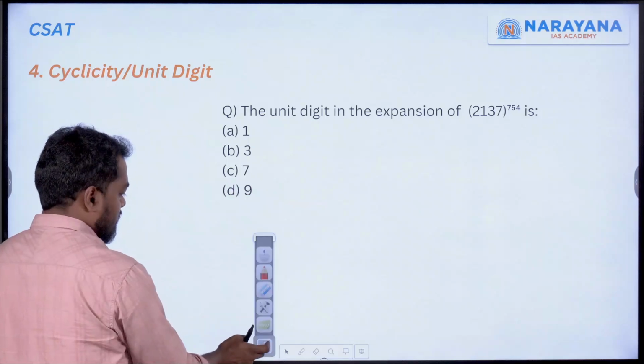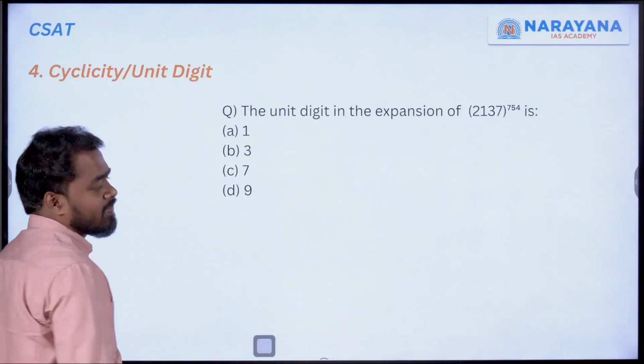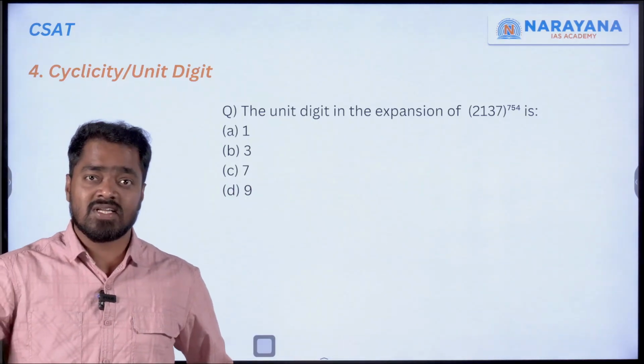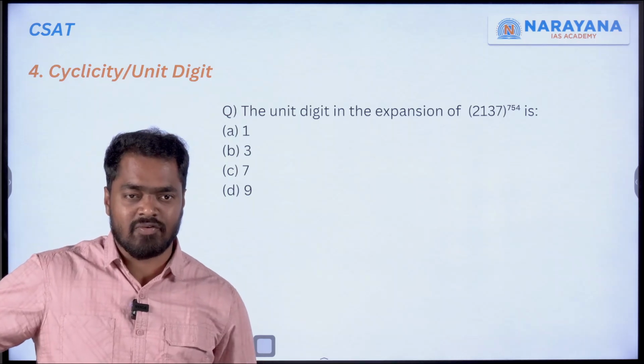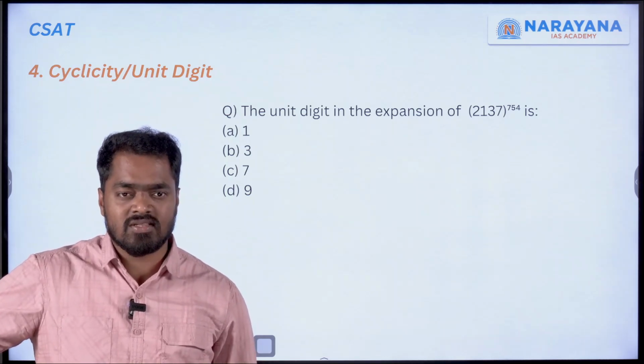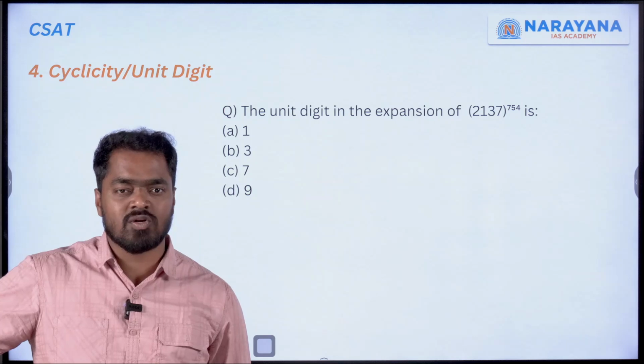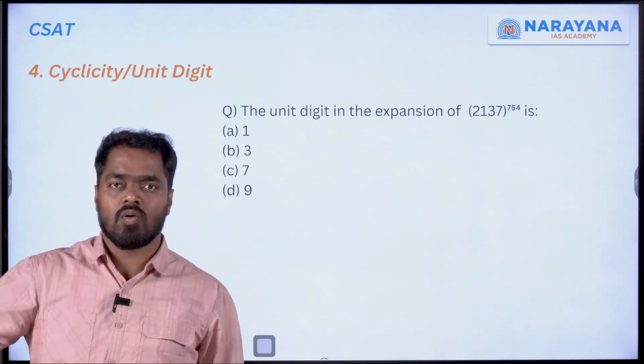Let's see the next question. So this is the second type of question. The unit digit in the expansion of 2137 to the power 754. What is the unit digit?